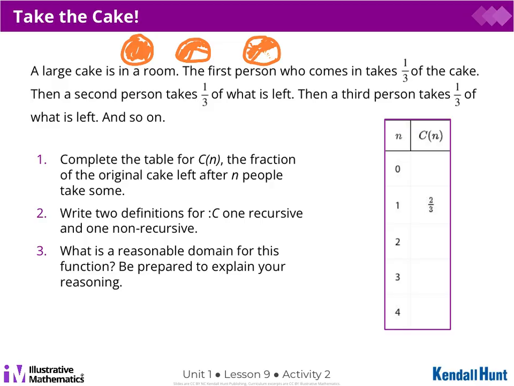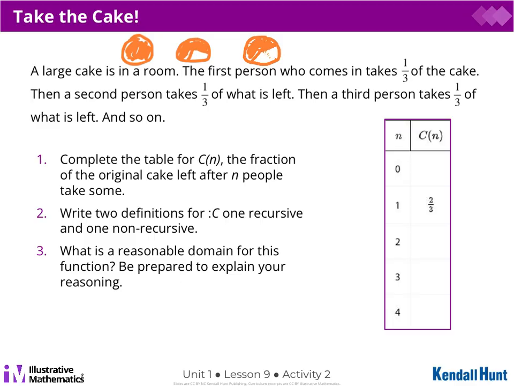So maybe it goes to something like that. And then everybody comes along and takes another 1/3. So everybody gets a smaller piece of cake because they're taking 1/3 of what is left, not of the total. So there are two charts. One for what is taken and one for what is left.